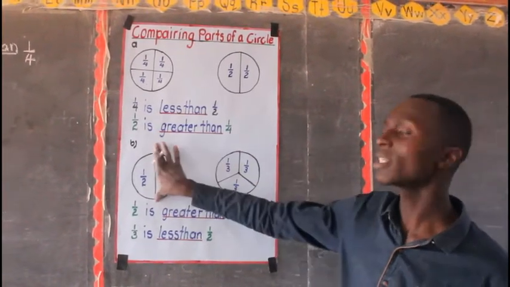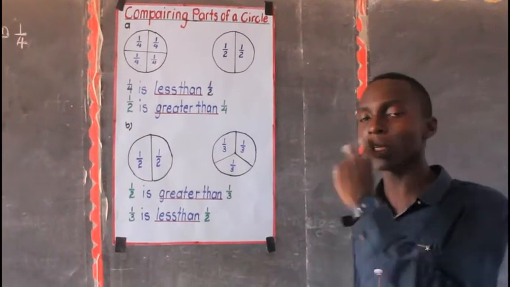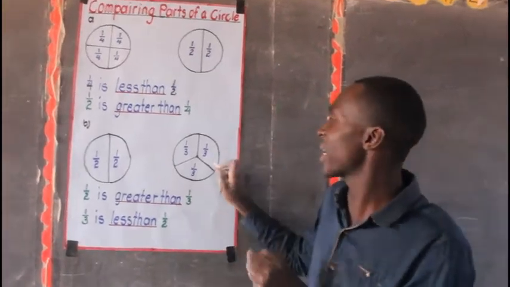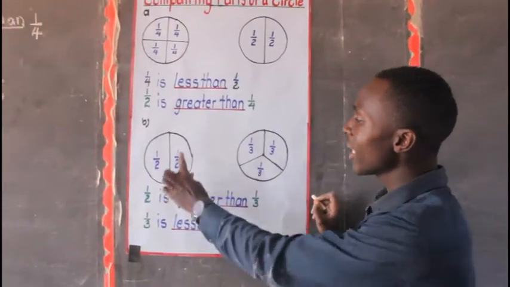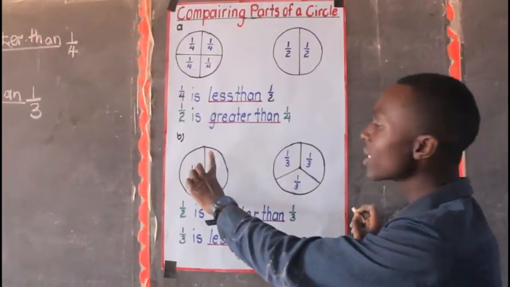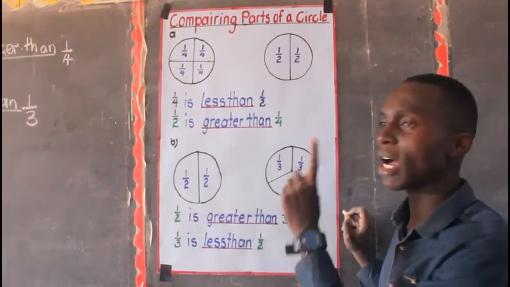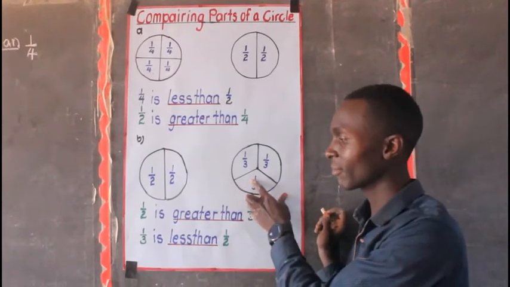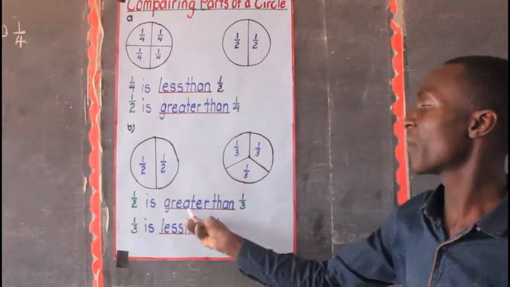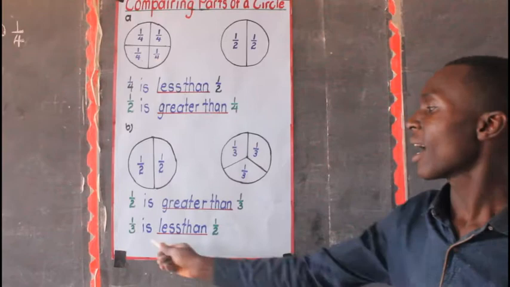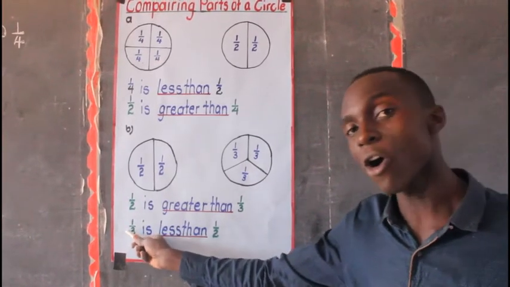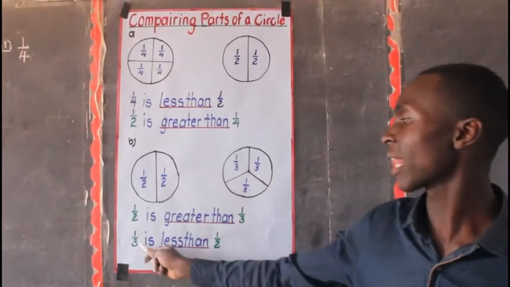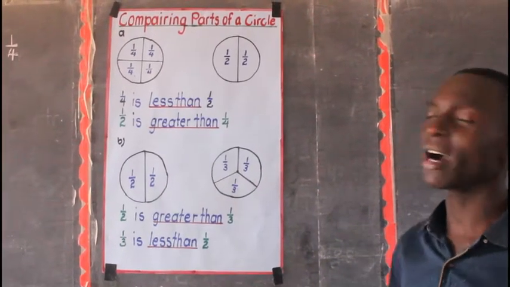Reason being, the circle here is divided into only 2 equal parts, but here the circle is divided into 3 equal parts, which means that a half is greater than a third. And a third is less than a half, because it is smaller.